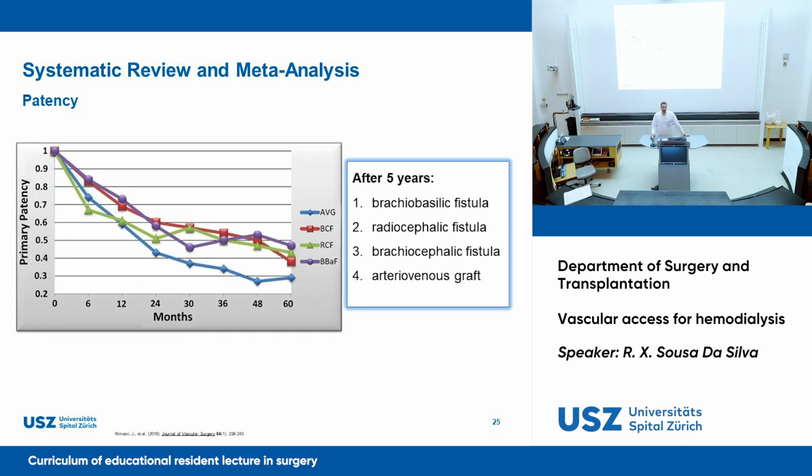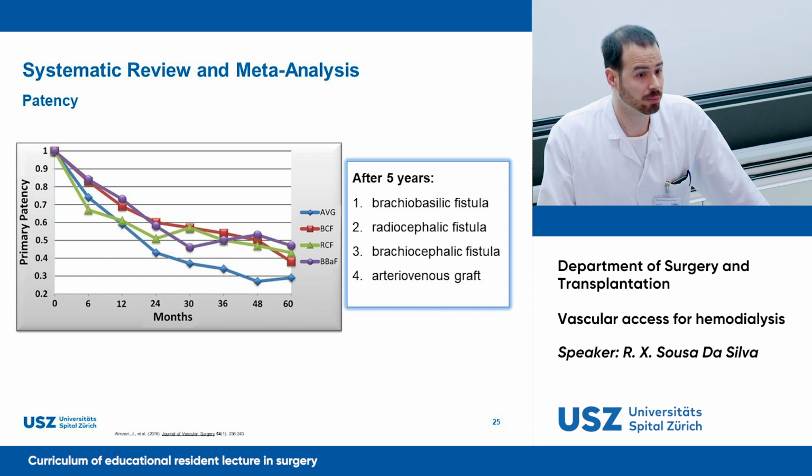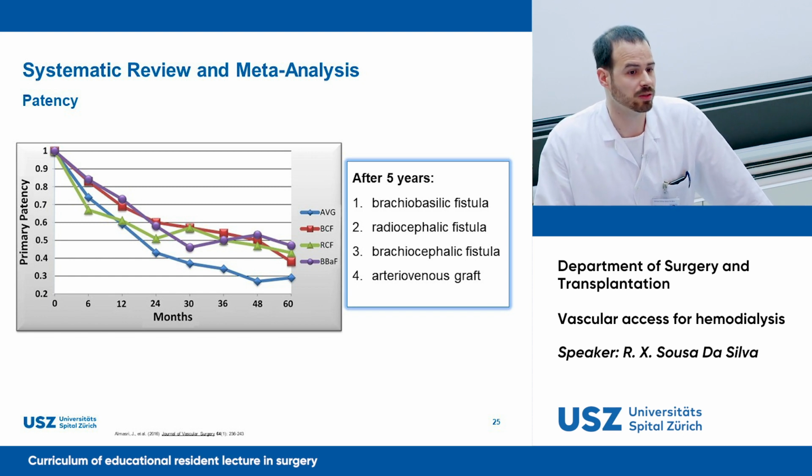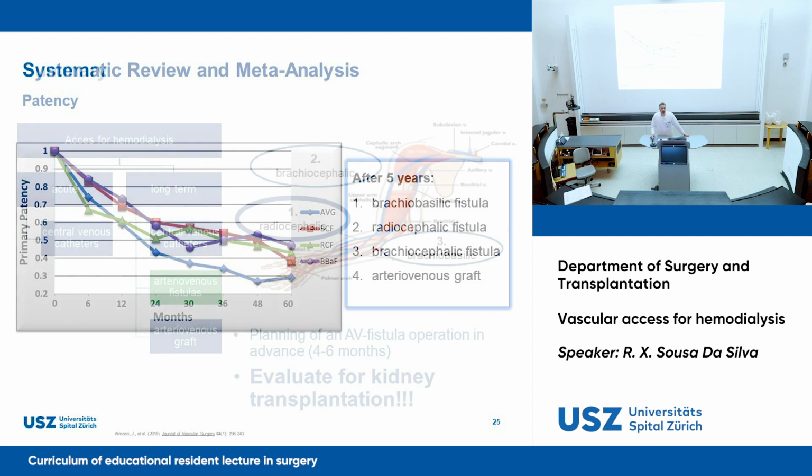That, as I said before, the AV fistulas have the best results. So number one is in violet, the brachiobasilic fistula. Number two, the most used by us and where you should start, the radiocephalic fistula in green. Then the brachiocephalic fistula, and at last the arteriovenous grafts. They have, as you see, a really low primary patency.